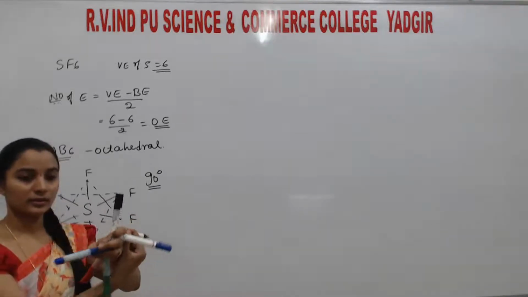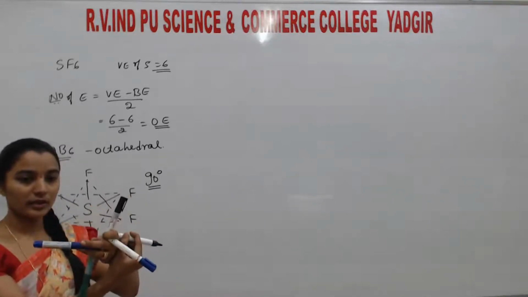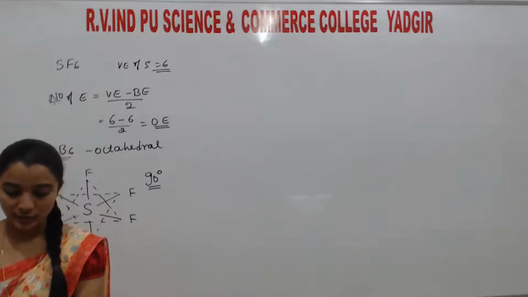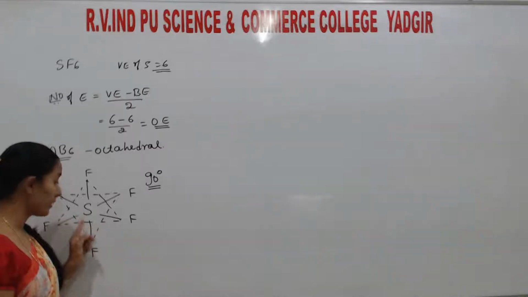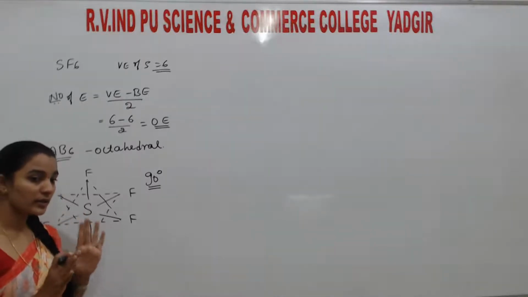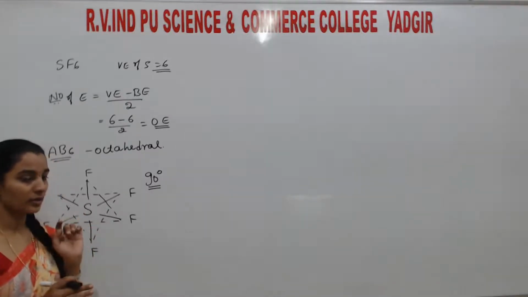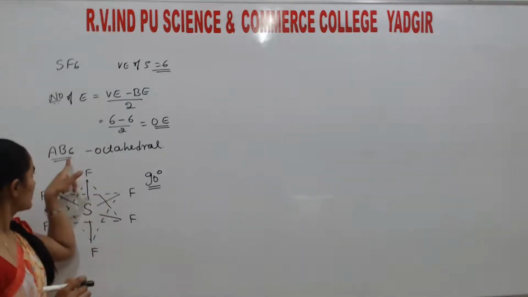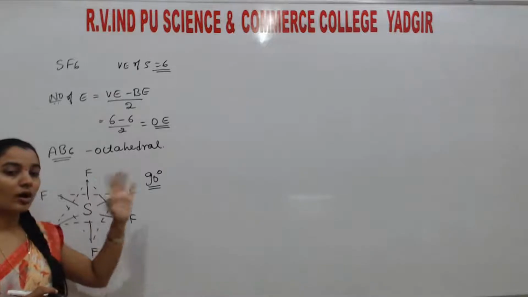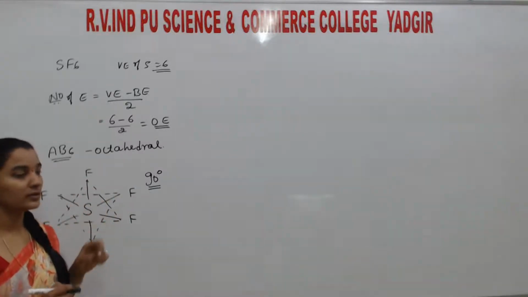Like this. Are you getting? Exactly 90 degree with respect to each other. So these are in the plane, this is also perpendicular. But they are exactly 90 degree to each other. So this is one. How to find out the structure? 6 atoms are there, then octahedral means 6 bonds.